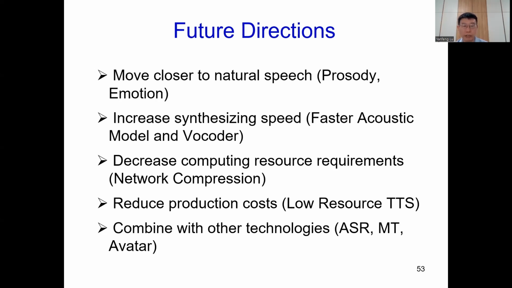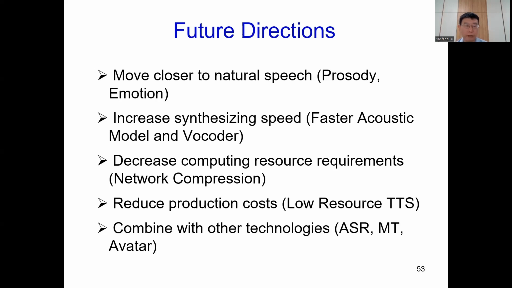So those are very expensive. In order to make it less expensive, we need to figure out ways of using less speech data to build TTS systems.